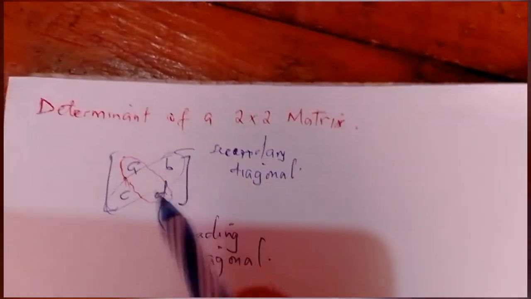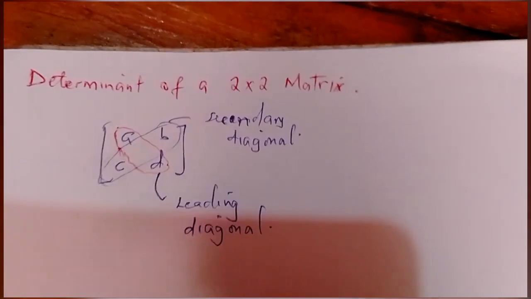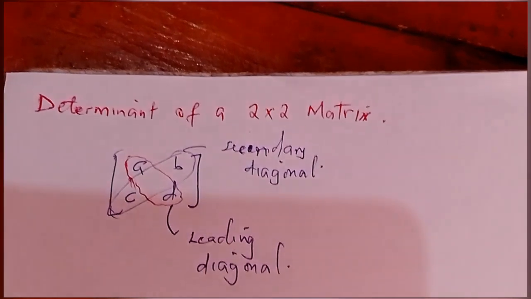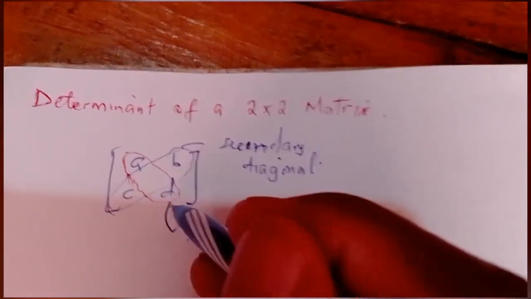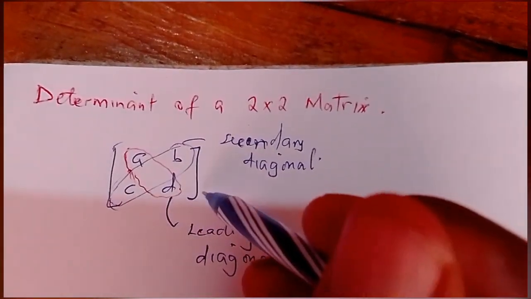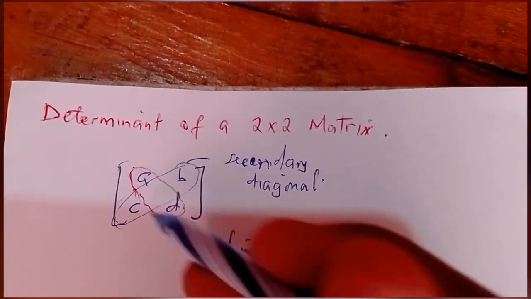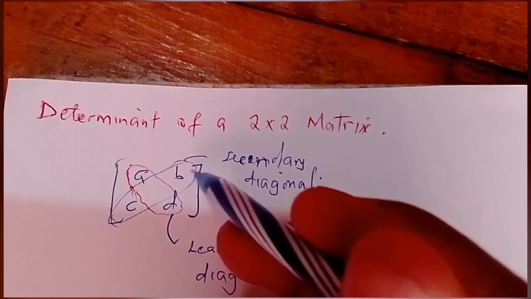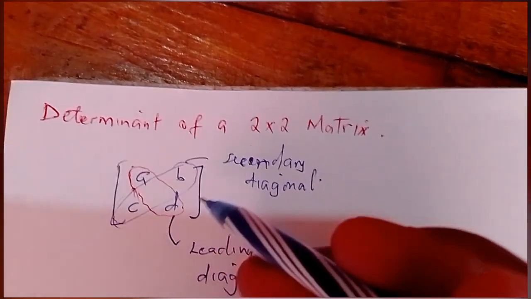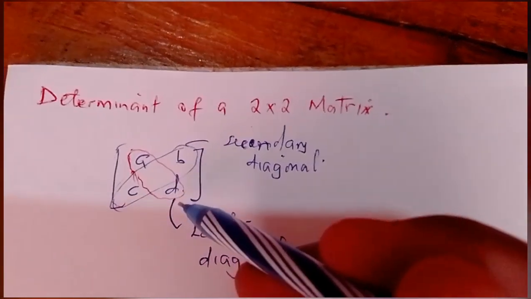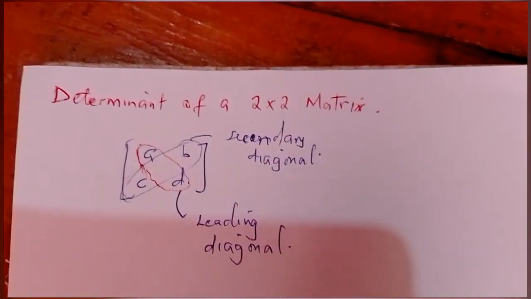So I'm saying that in order to get the determinant of this particular matrix, we take the product of the elements in the leading diagonal minus the product of the elements in the secondary diagonal. The elements A, B, C, and D are what I'm calling the elements.